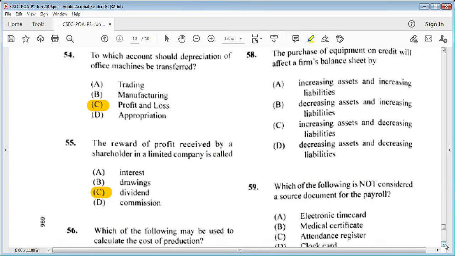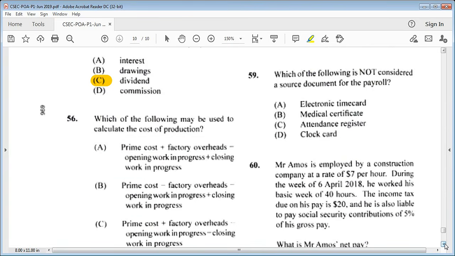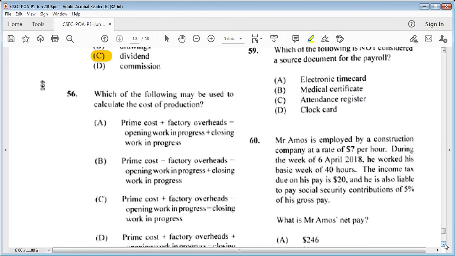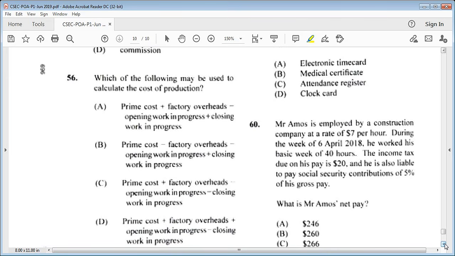56 says, which of the following may be used to calculate the cost of production? A, prime cost plus factory overheads deduct prime cost, then factory overheads deduct opening work in progress plus closing work in progress. B, prime cost deduct factory overheads deduct opening work in progress plus closing work in progress.